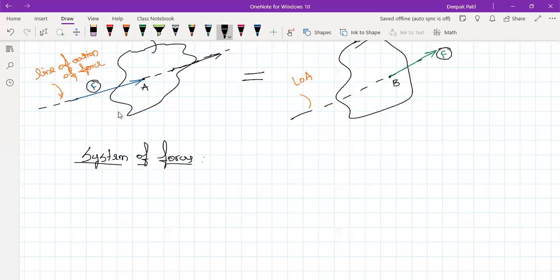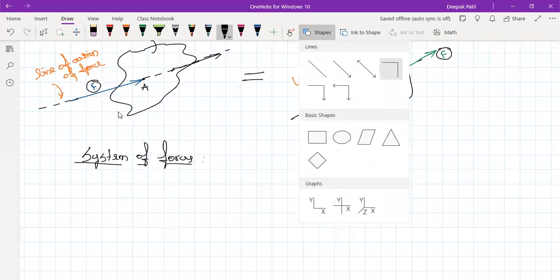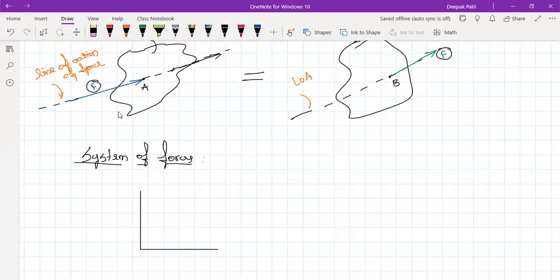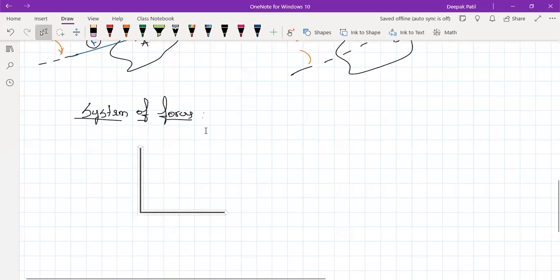Maybe I can just represent something like this. Let me apply a force, something like this. Let me take some different color here.